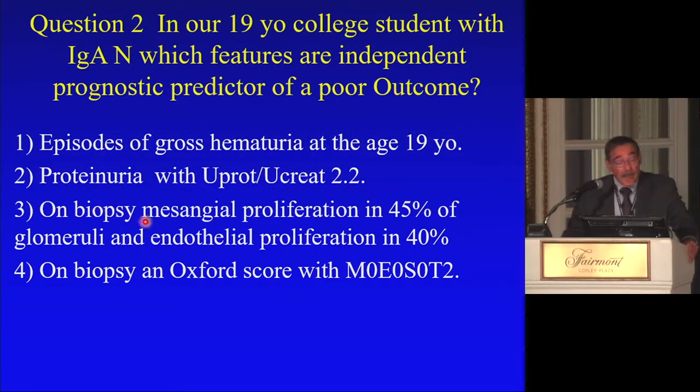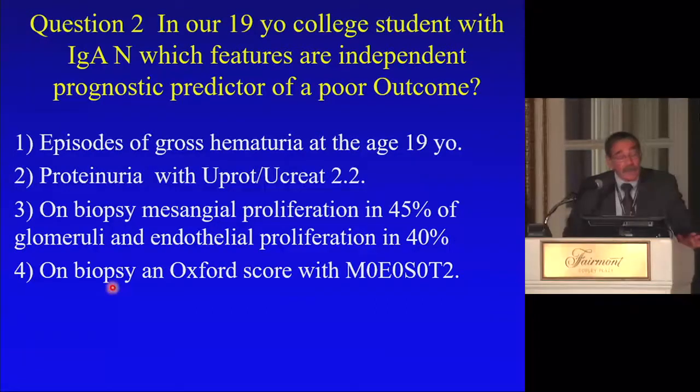Is it on biopsy, because all I told you was his biopsy is IgA nephropathy, that he has mesangial proliferation in 45% of the glomeruli and endothelial proliferation in 40%? Or is it on biopsy he has an Oxford score, an IgA score of M0, E0, S0, T2?